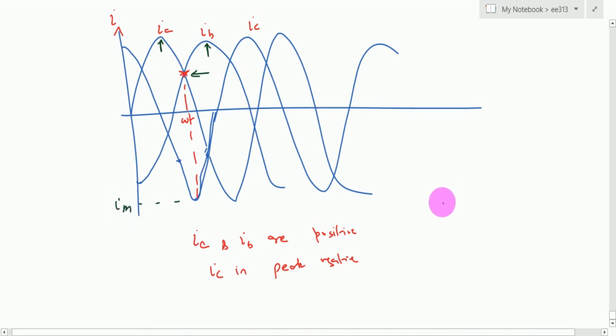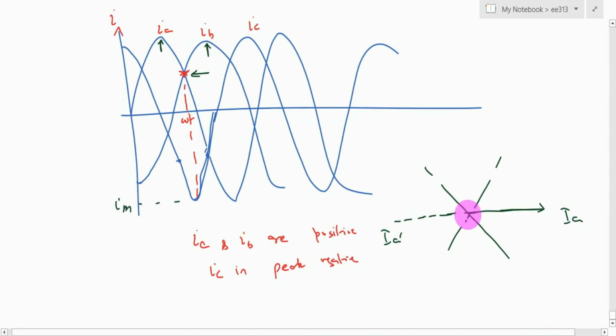Now, if I draw them in vector form, here we have the positive current IA. This dotted end shows IA dash, which is the negative IA.